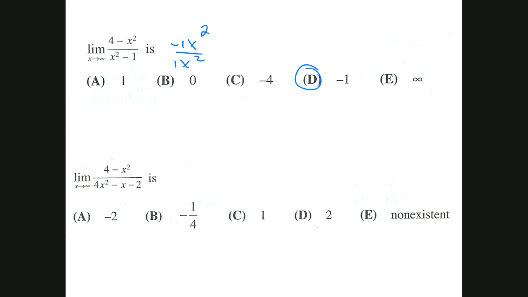Well, let me ask you one more question off the first problem. If I gave you this function, if I said f of x is equal to 4 minus x squared over x squared minus 1, does this thing have a horizontal asymptote? And if it does, what is the horizontal asymptote?